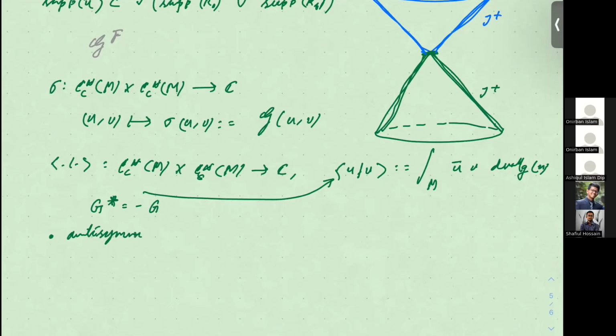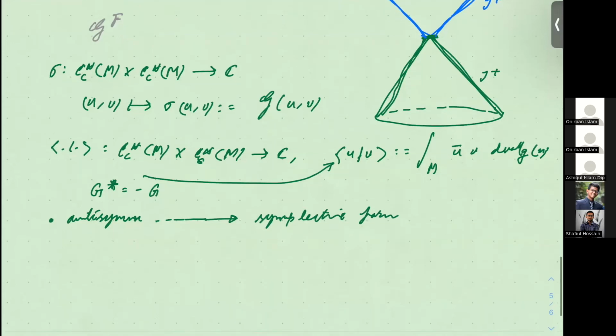Now, if you are from classical mechanics or geometry, whenever you see a bilinear antisymmetric form, you remember something, which is a symplectic form. Now, sigma is not really a symplectic form. Why?